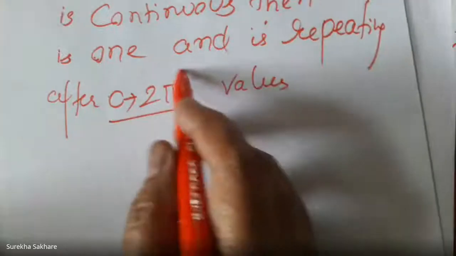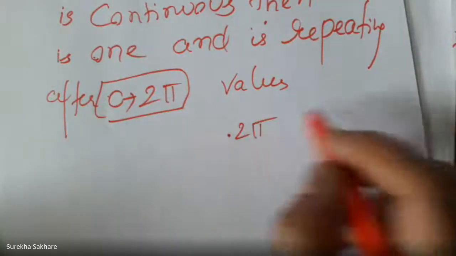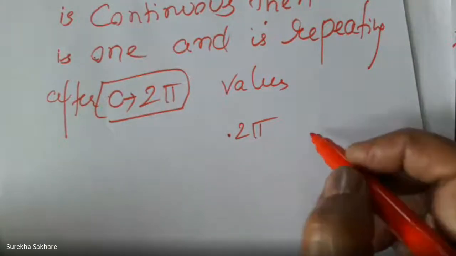That means the periodicity is 2 pi. Periodicity. Okay.